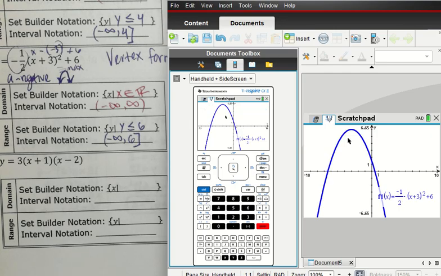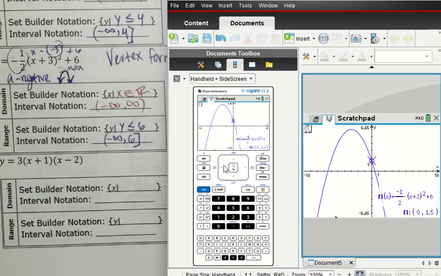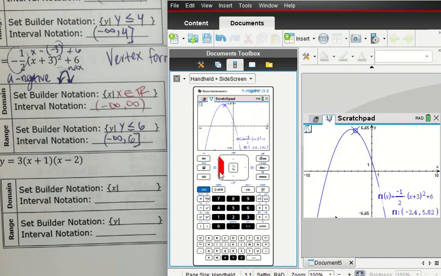So this graph has domain and range left forever and right forever, so negative infinity, positive infinity. And then as far as tracing it, it is going to say maximum at negative 3, 6, meaning 6 is the highest that it'll go. So it just backs up our range right here.